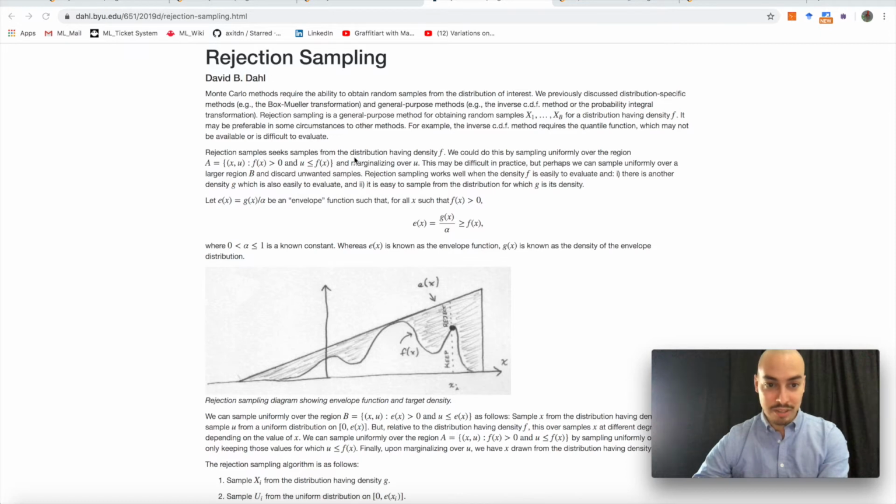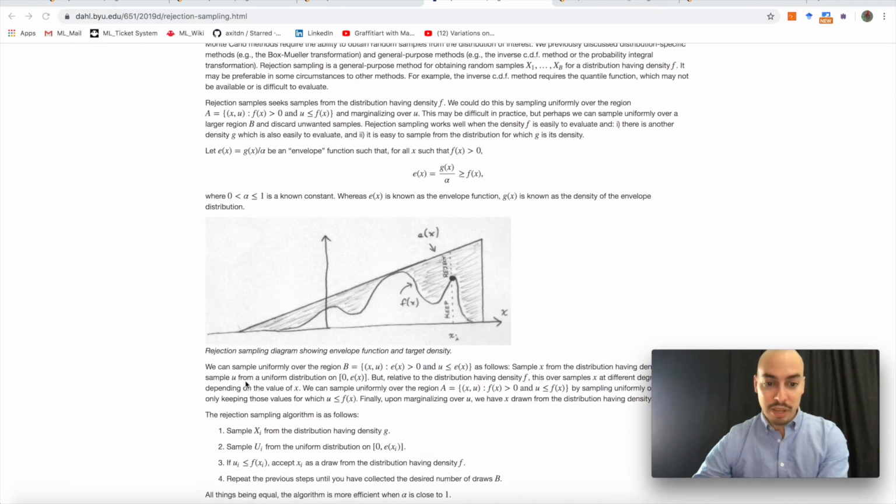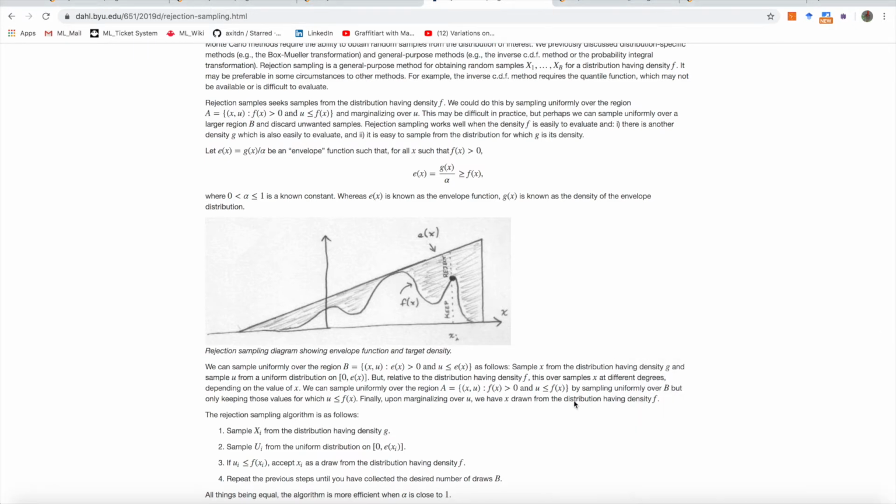Specifically talking about that rejection sampling seeks samples from the distribution having a density f. We do this by sampling uniformly over that region and marginalizing over u, which might be difficult. And then he arrives at how to better do that. We can sample uniformly over the region B as follows. And then here he basically comes up with the approach that is then summarized. So what we do is we sample x from the distribution having a certain density and sample u from a uniform distribution, relative to the density f over these samples x, depending on the value x.